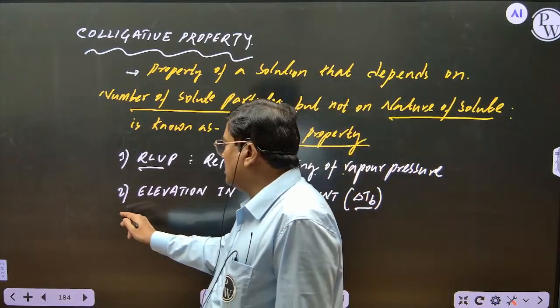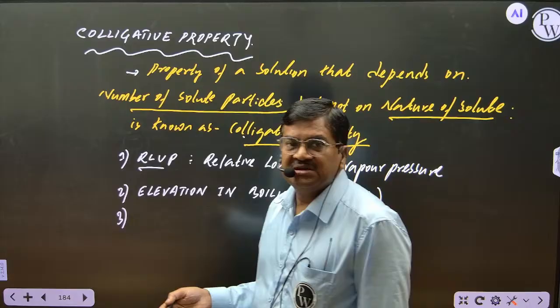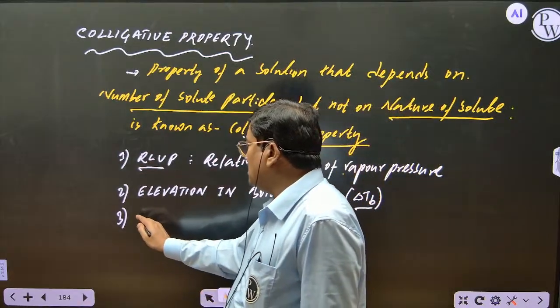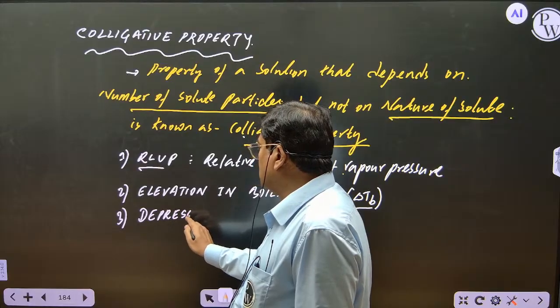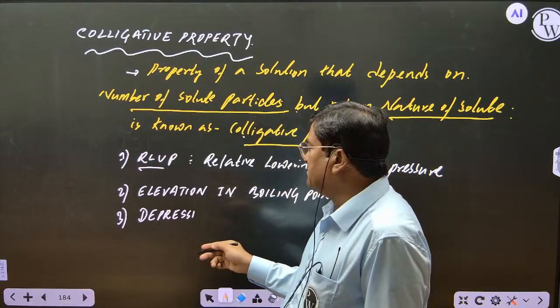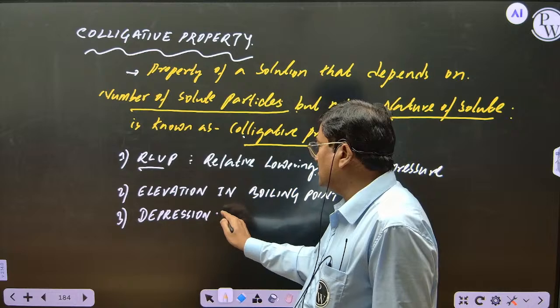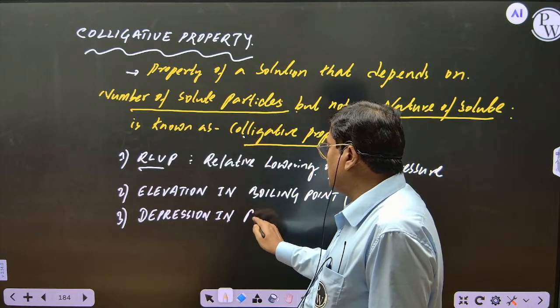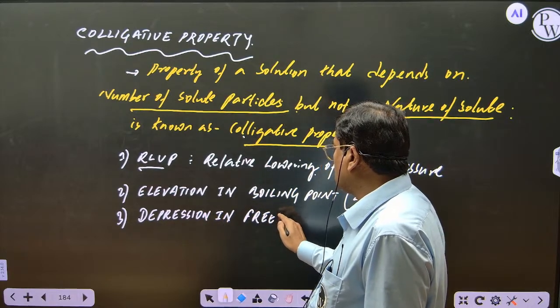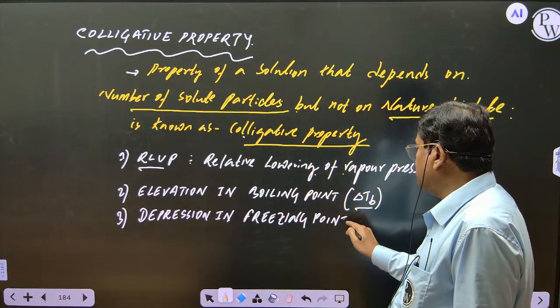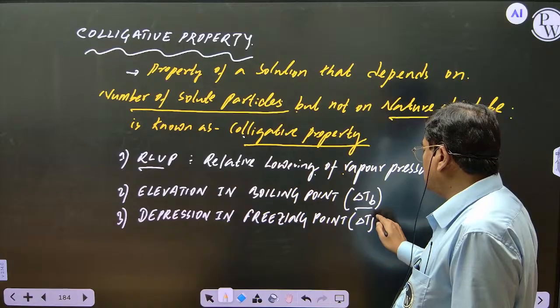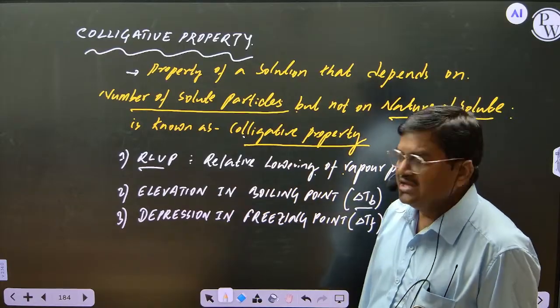There is a third colligative property, depression in freezing point. Depression in freezing point means the freezing point gets depressed. And this depression in freezing point is shown with the symbol delta TF.